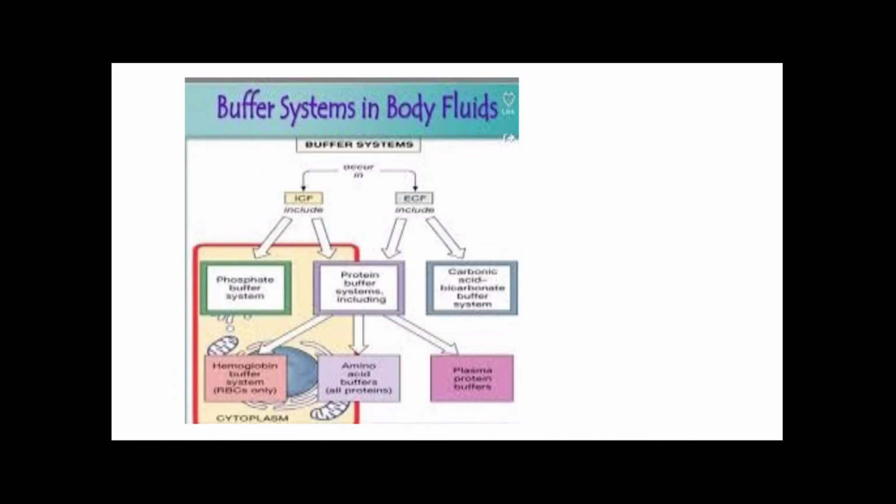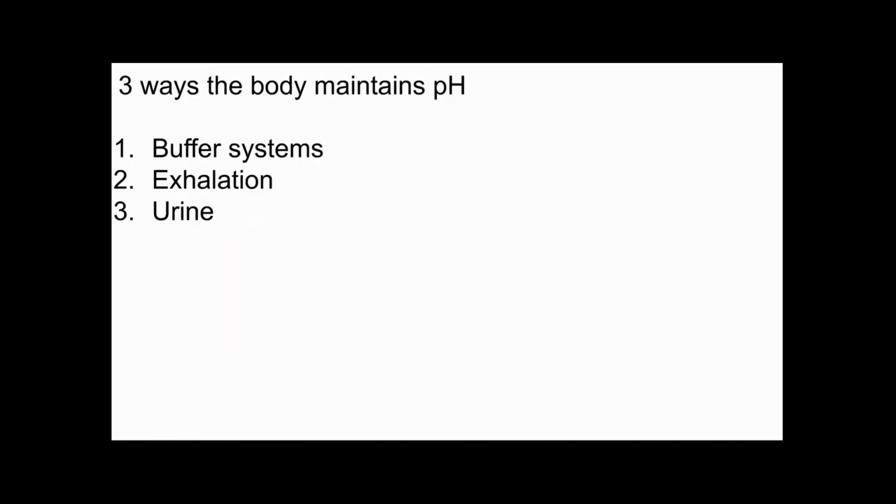So it's not until the buffers are completely used up and the pH of the blood really begins to drop that the person is going to experience ketoacidosis. So that's one example of how buffer systems can actually get all the way used up, but it would take a lot of imbalance to get that far out of balance where the buffer systems are no longer effective.